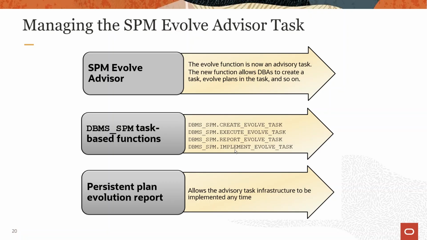Plus, via the subprogram IMPLEMENT_EVOLVE_TASK, you can implement those recommendations. The evolve advisor task is something you can run manually, but know, as stated in the previous slide, that it is now also a nightly maintenance job that is launched.